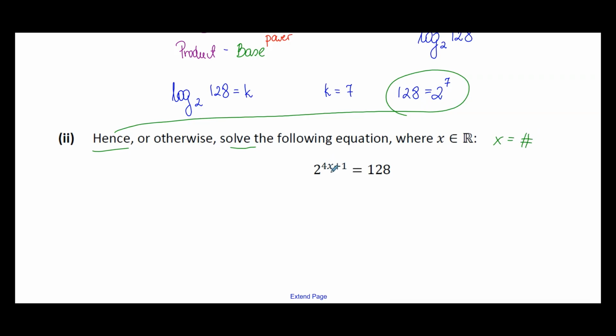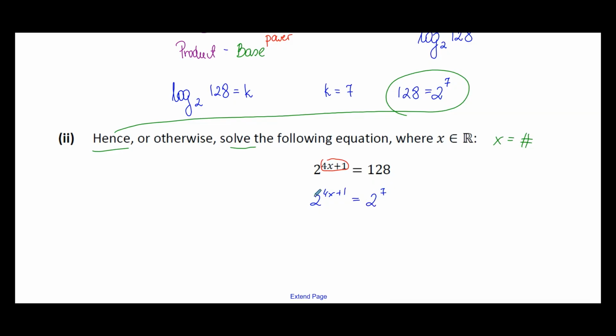But the problem I'm having here is that I have 4x plus 1. That is my power. So again, we can use the knowledge that we just acquired. Instead of 128, we can replace it with 2 to the power of 7. So this side of the equation I'm not changing, 4x plus 1, and that equals 2 to the power of 7.